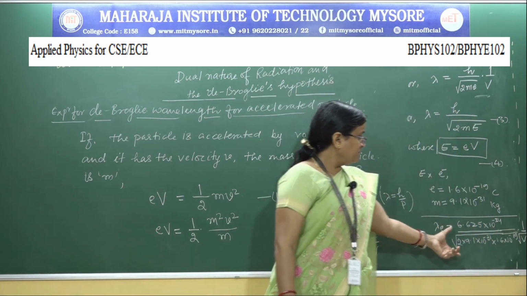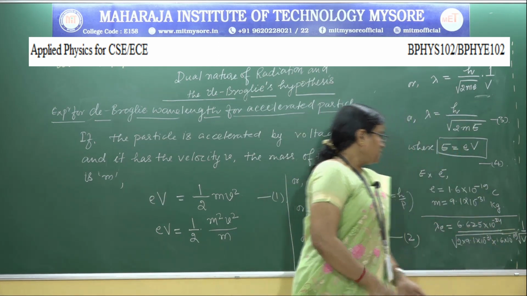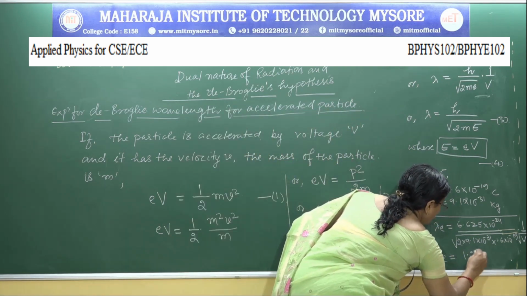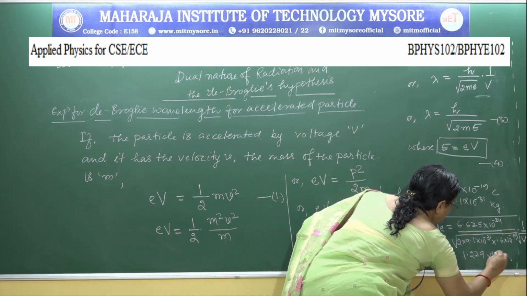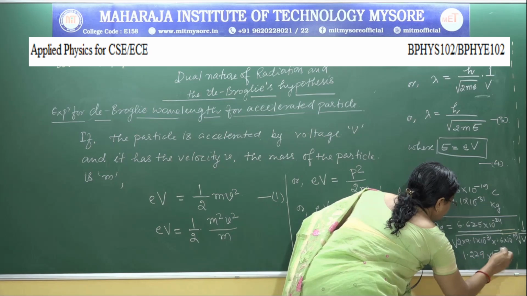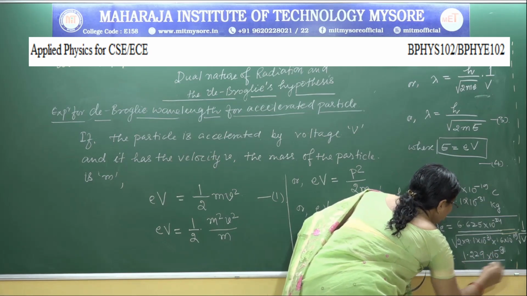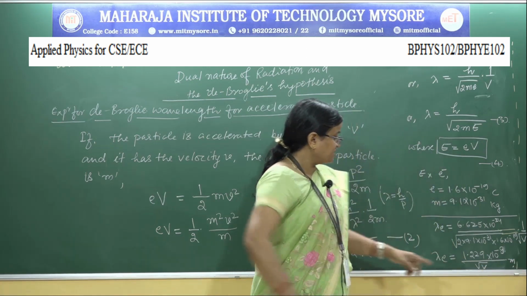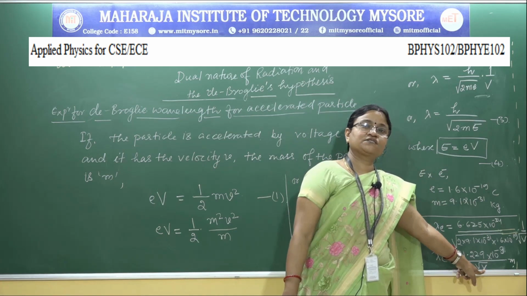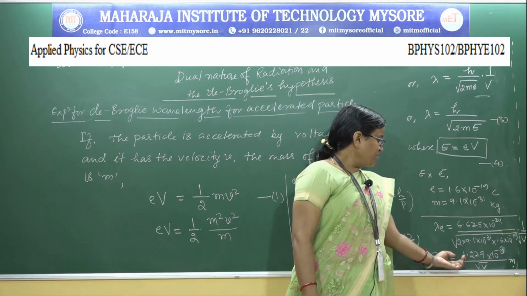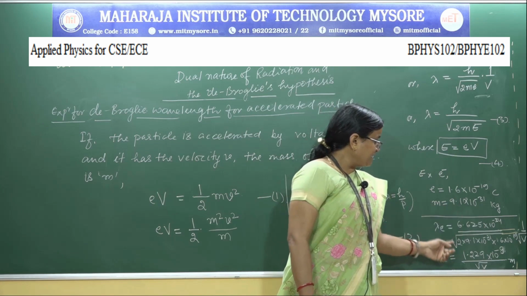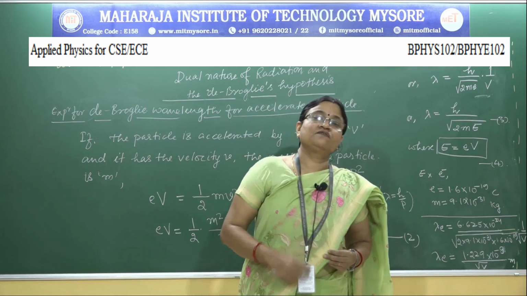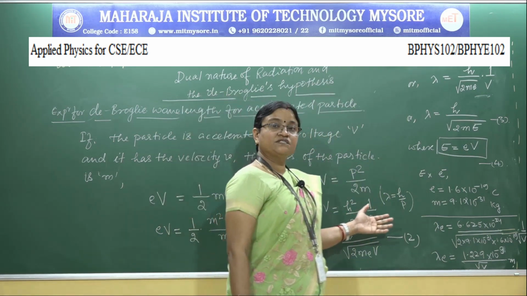Take the calculator, substitute these values, what do you get? Lambda e is equal to 1.229 into 10 to the power minus 9 divided by square root of V. So you can substitute the voltage value as given in the problem. Remember that this constant is only for the electron; if the particle changes, the value of charge will change and mass will also change.